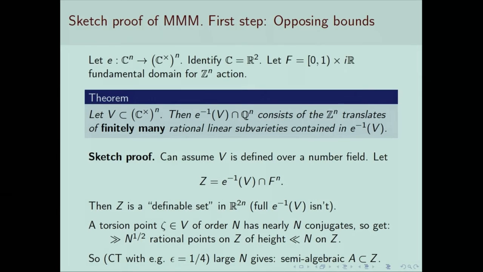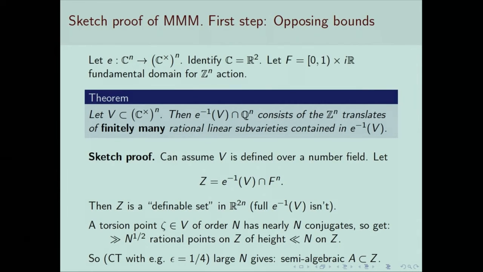And okay, so I'm going to sketch the proof, and we first observe that in doing this, we can assume that the variety V is defined over the algebraic numbers, because roots of unity are algebraic, so we can assume V defined over a number field. And then I take Z to be this set. I take the inverse image of V under exponentiation, and I intersect it with F to the n.